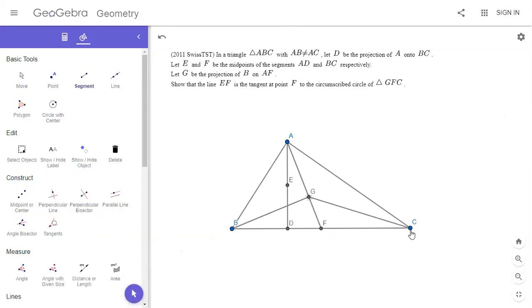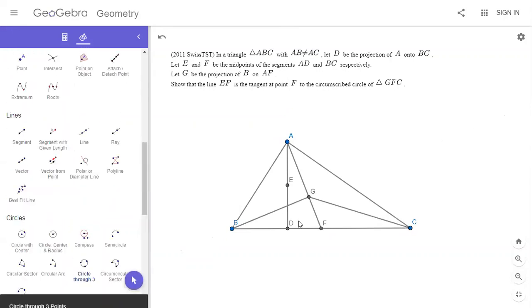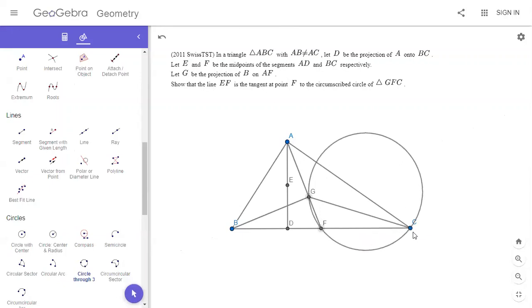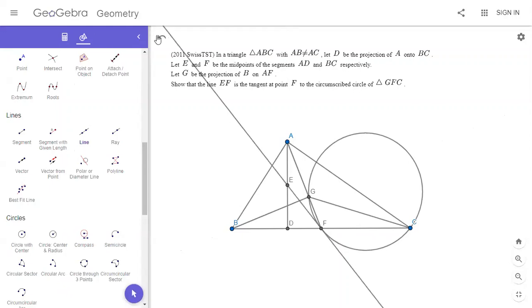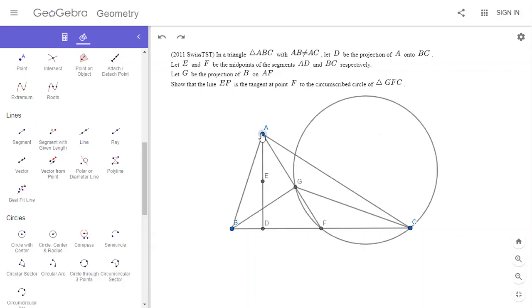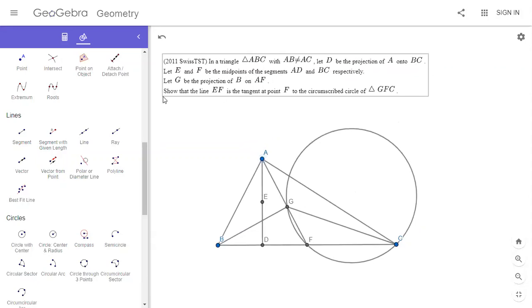Okay, so we want to draw the circumcircle of GFC, and we want to prove that EF is tangent to that. So we want to show angle EFG is equal to angle FCG.